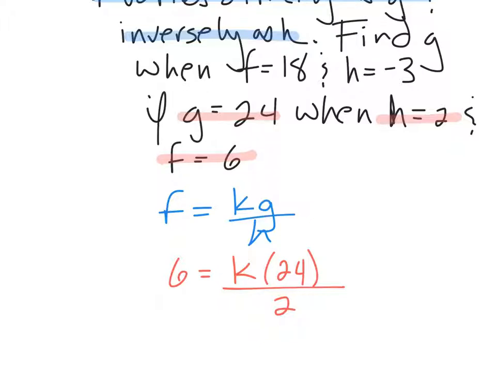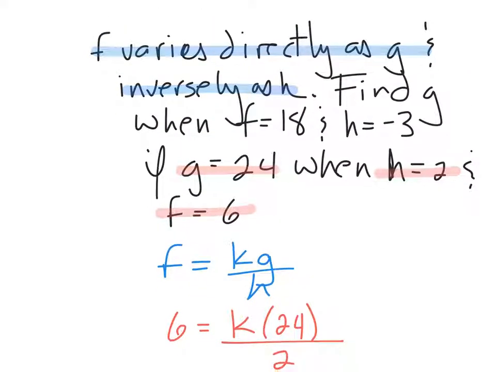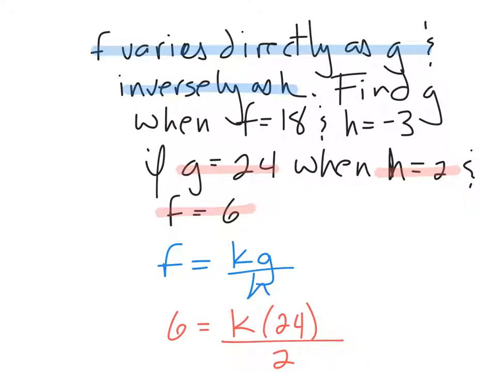All right, so here I've got 6 equals K times 12, which means that K is equal to 1/2. Everybody with me there? Okay. Now I'm going to use that to find G. We're going to find G when F is 18 and H is -3.